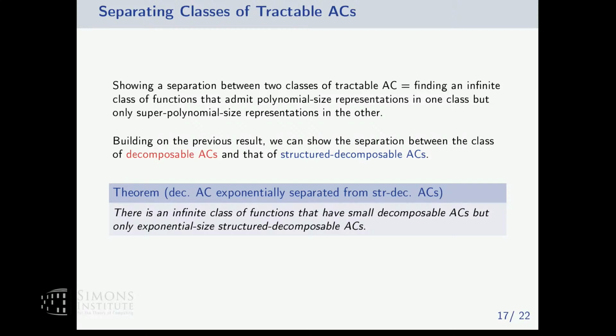And in fact, you may wonder as well, perhaps all decomposable arithmetic circuits, you can make them structured decomposable without increasing the size too much, and so you would have structured decomposability for free. And that's not true. You can prove that you have a separation, so a class of functions that will have small decomposable arithmetic circuits, but that will only have exponential size structured decomposable arithmetic circuits.